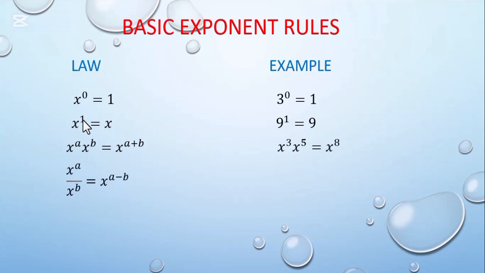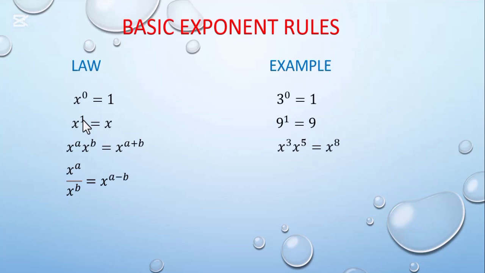And now the next rule is the quotient rule, or you can call it division. Now we have x to the power of a divided by x to the power of b. Since the two bases are the same, I can pick one of the bases, then I will subtract the powers. So x to the power of a divided by x to the power of b is the same as x to the power of a minus b.